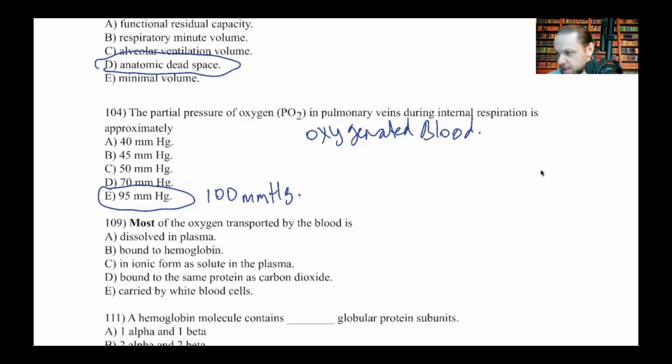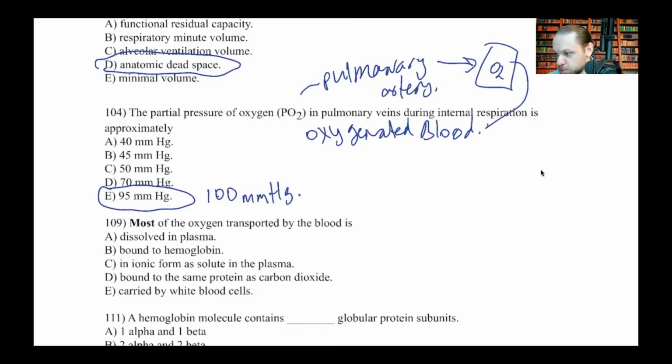And we know the pulmonary artery takes the deoxygenated blood from your body into the right atrium, the right ventricle, then the pulmonary artery, then it goes to the lungs. In the lungs, oxygen gets loaded, goes into the pulmonary veins, and then you have the oxygenated blood. 95 is the correct choice.